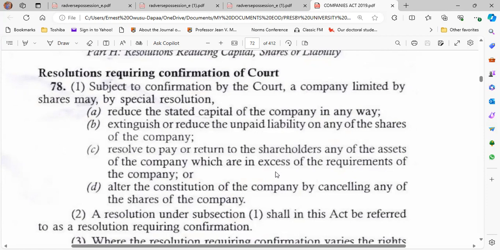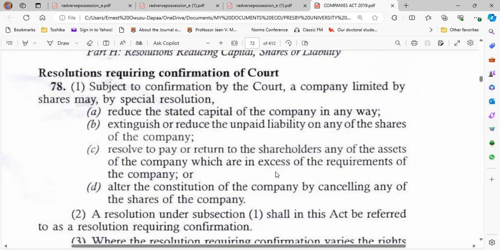And all of us should be familiar with that procedure. Very simple. If the company wants to reduce its stated capital, it must pass a resolution. And mind you, the resolution here is not an ordinary resolution. It is a special resolution.